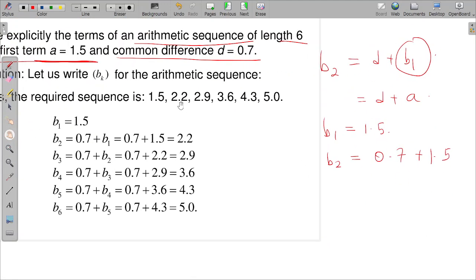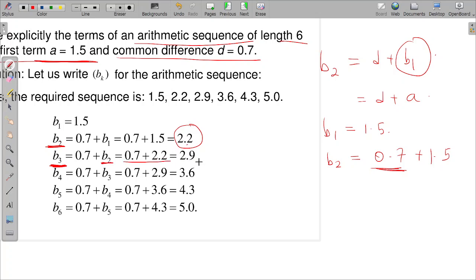The sum is 2.2. That is our b2. We can use that again to find our b3: the common difference plus our b2, which we got here, 2.2.